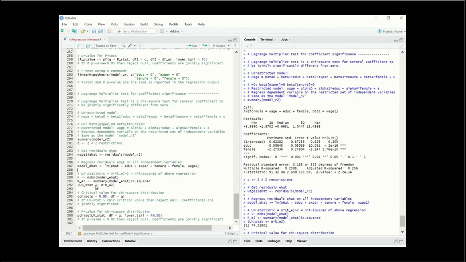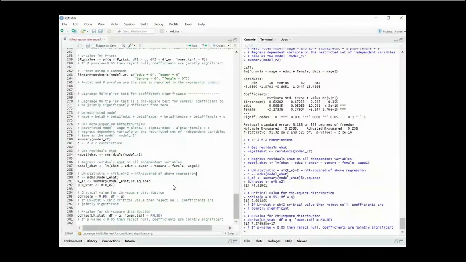In order to calculate the LM, the Lagrange multiplier statistic, we need to multiply n, the number of observations, times the R squared from the above regression that we have. Here we're picking up n for the number of observations. And then R squared is from the model for E hat.